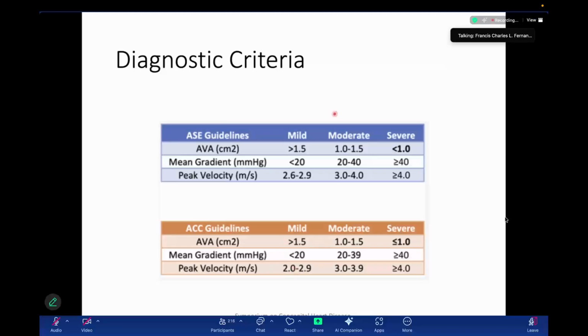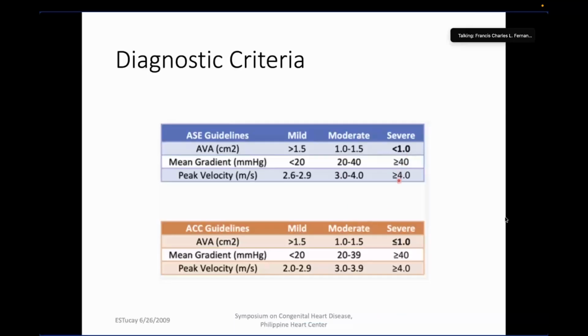So basically, what we're seeing here, the symptoms become more manifest when moderate to severe. And they coincide. You have in the ASC, the mean gradient is around 40 in moderate, but higher than 40 if it is severe.